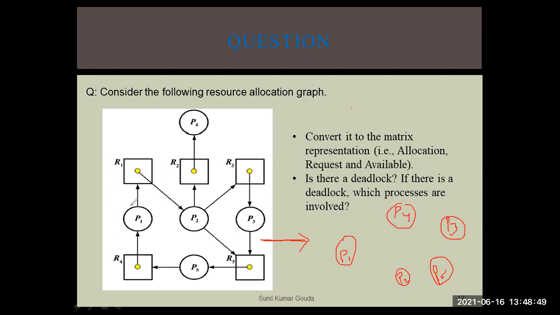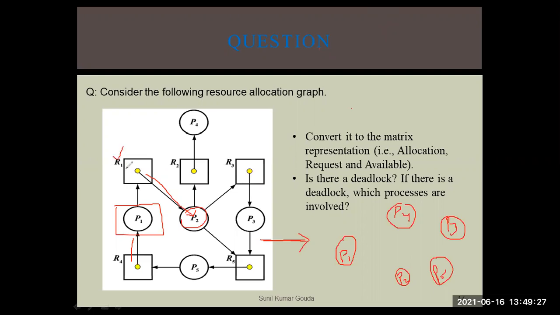Now, suppose you want to find the dependency edges of P1. You can see here R4 is already allocated to P1. Now it is requesting R1. But you can see here R1 is allocated to P2. That means to complete P1, before that P2 must be completed, because once P2 is complete, it will release these resources.